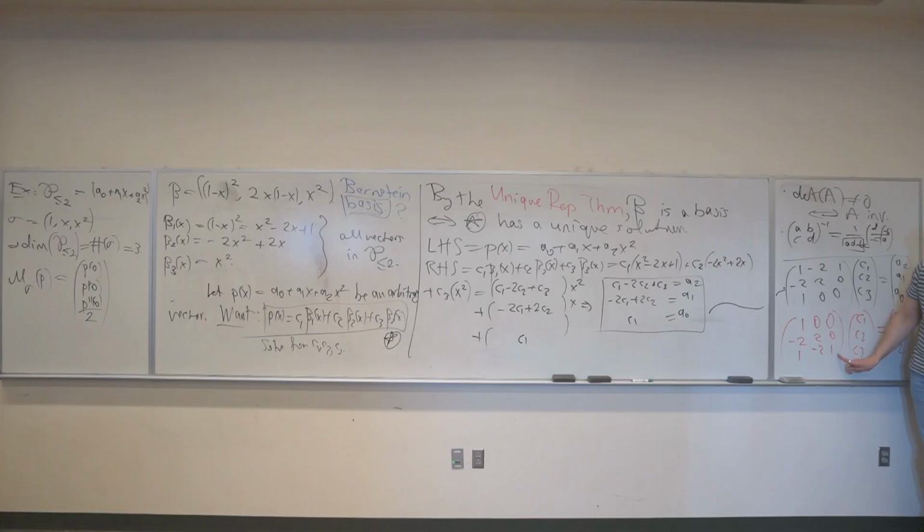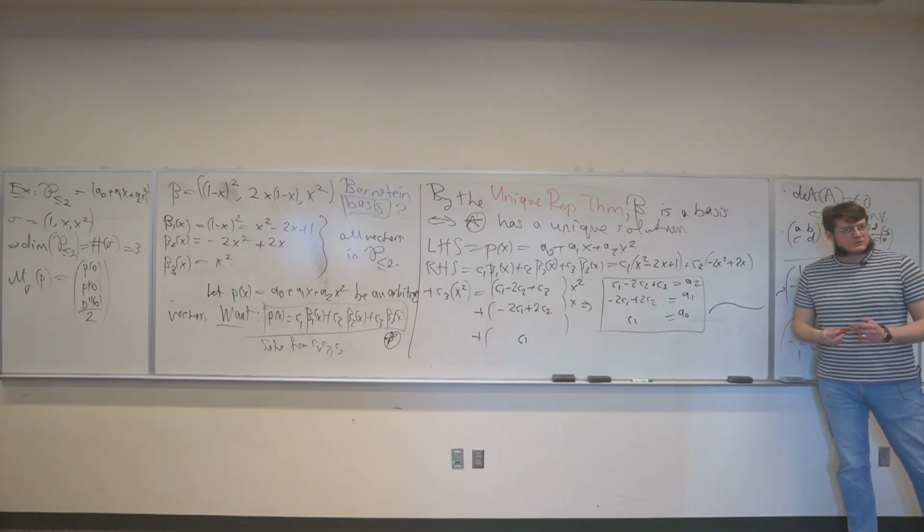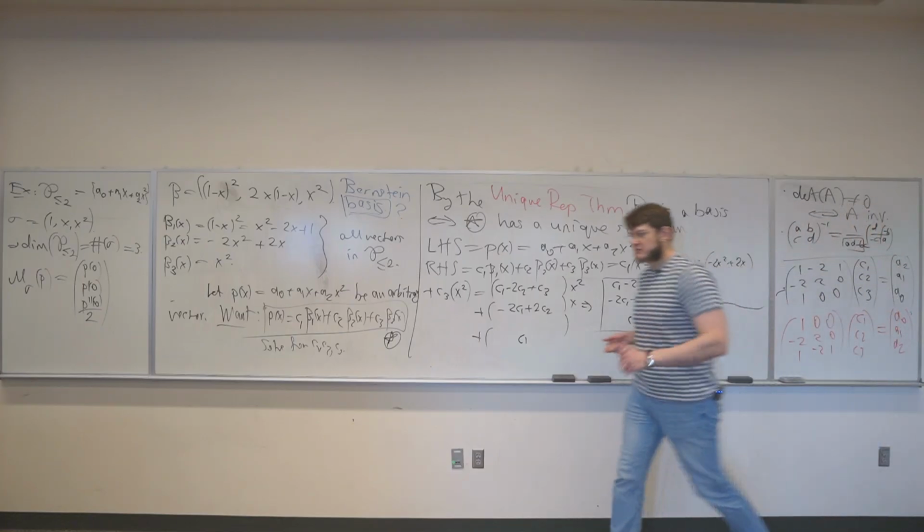Although it doesn't matter in this case, just for the purposes of answering this question, at this point I see a lower triangular matrix, and I know its determinant is always the product of the diagonal entries. In this case, the determinant is 2. 2 is not 0, which means that this guy is invertible, which means that I can send it to the other side, which means that this system has a unique solution. Okay?